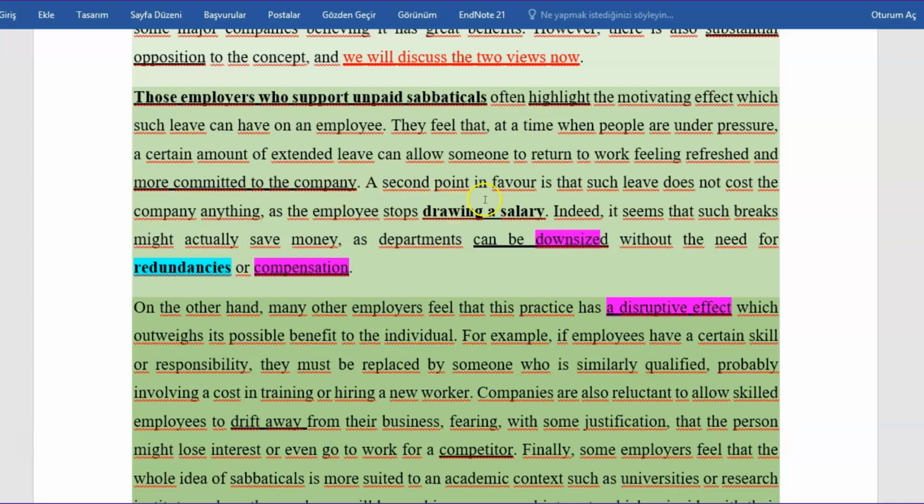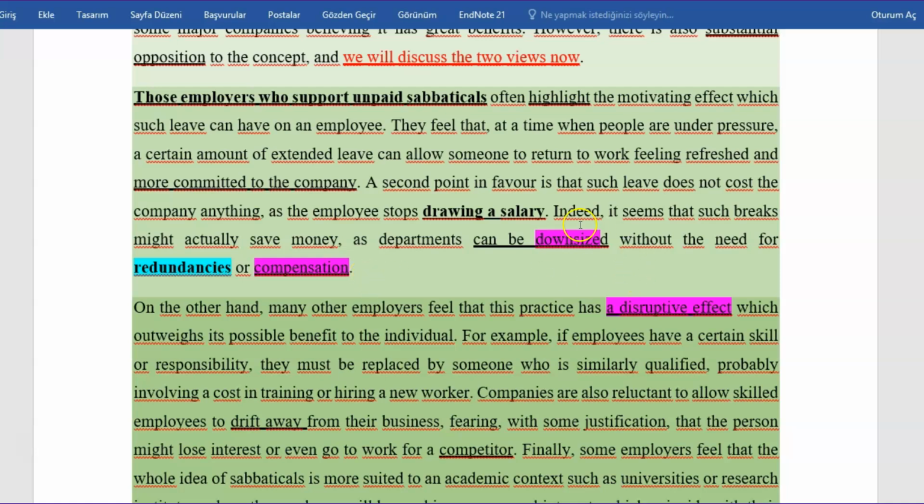A second point in favor, again a great academic phrase, in favor, is that such leave does not cost the company anything, as the employee stops drawing a salary. Indeed, it seems, usage of impersonal style, that such breaks might actually save money, as departments can be downsized, word downsize, without the need for redundancies or compensation.